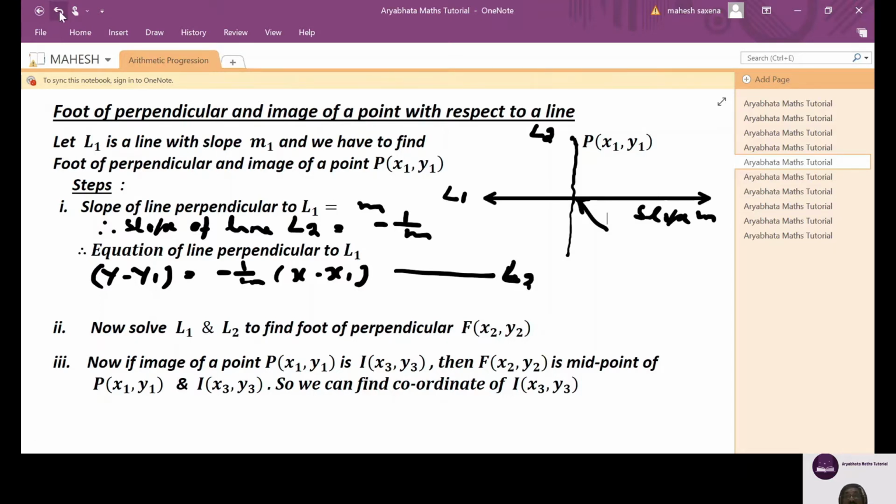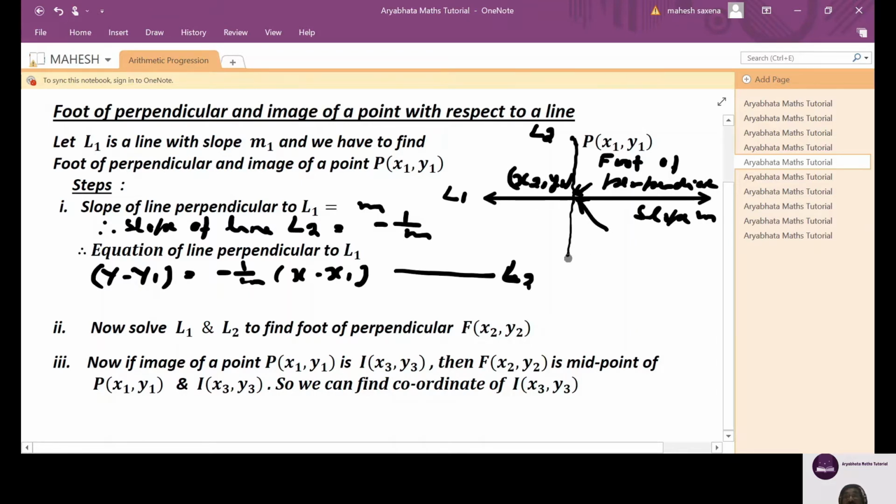Now, by solving the equations L1 and L2, we can find the coordinates of the foot of perpendicular, and let these coordinates be x2, y2.